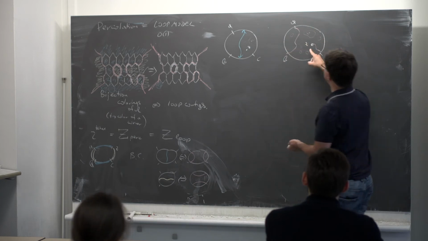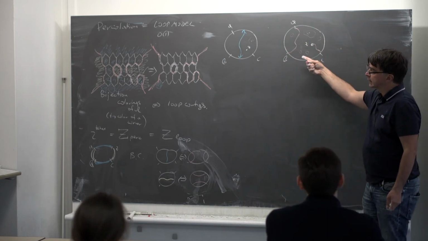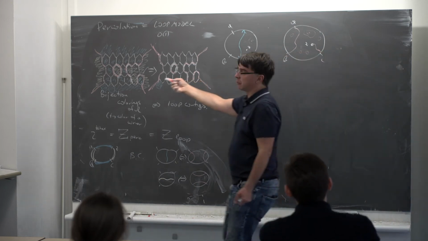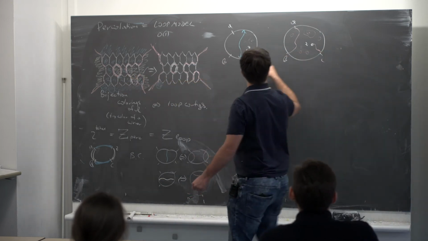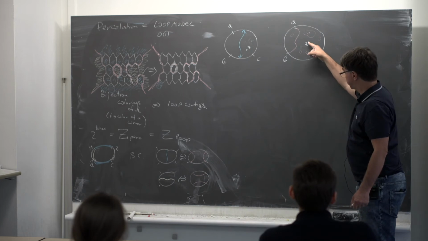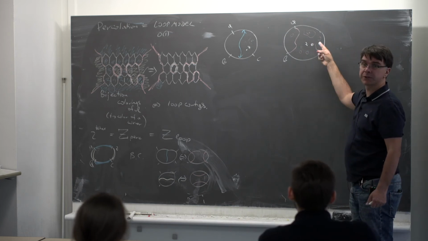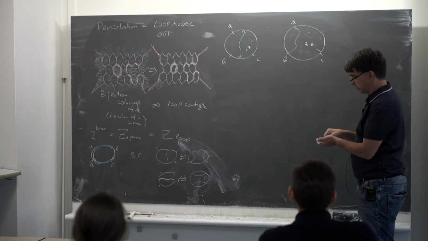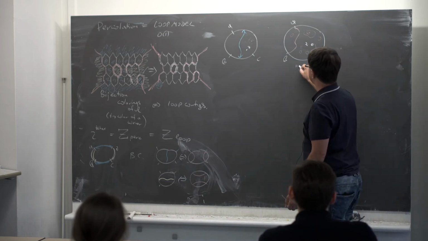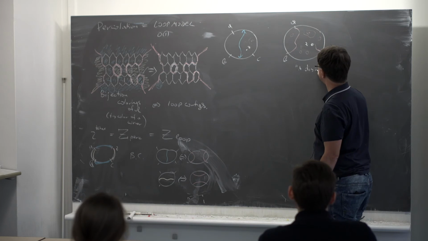So this configuration doesn't admit a canonical coloring blue-yellow, because when you go around this point, you cross the interface once, so blue becomes yellow. So this is what physicists would call a disorder operator.